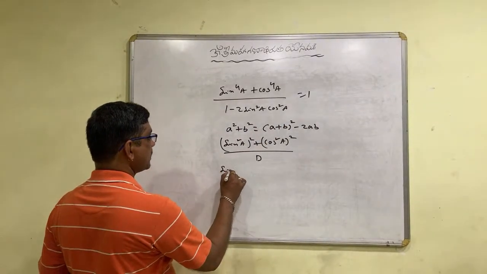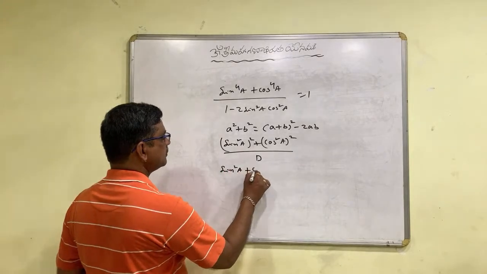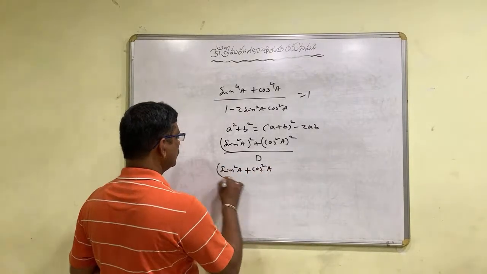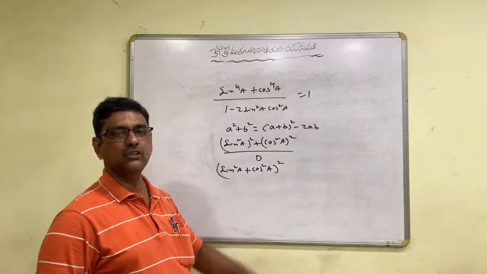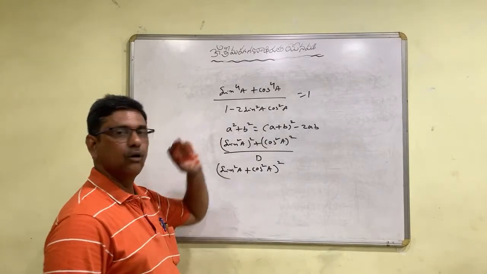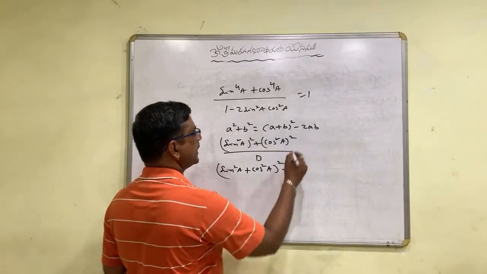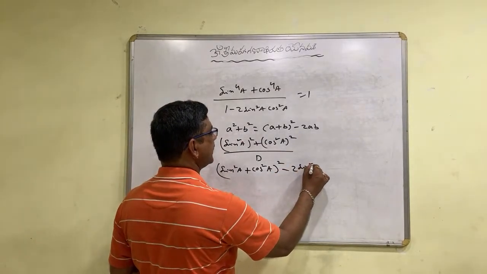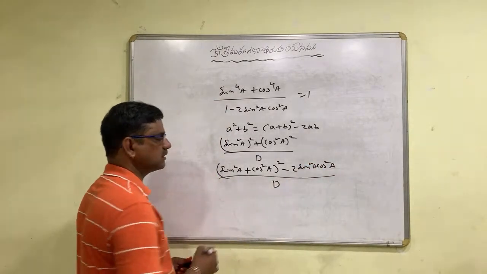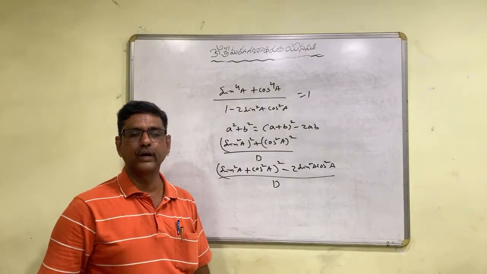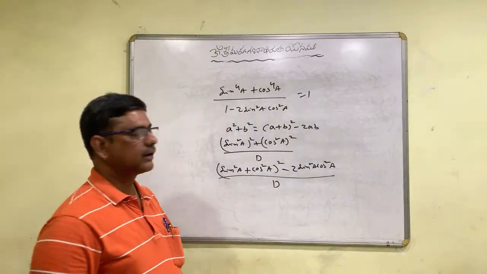a plus b whole square. a is sin square a, b is cos square a. So a plus b whole square minus 2ab, 2 sin square a cos square a by the denominator. As it is denominator, no need to touch it. Okay, children.